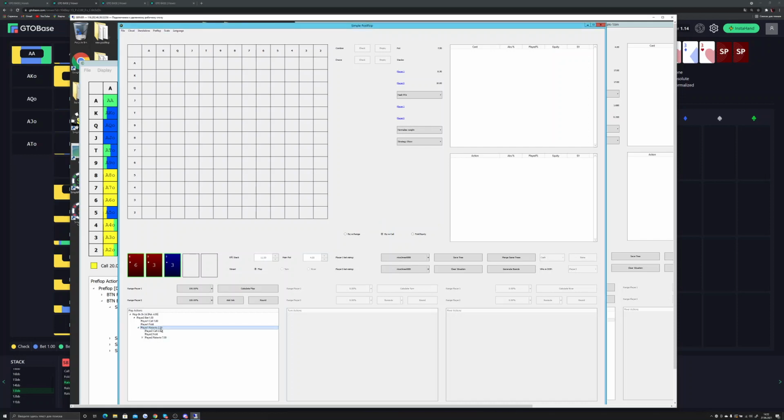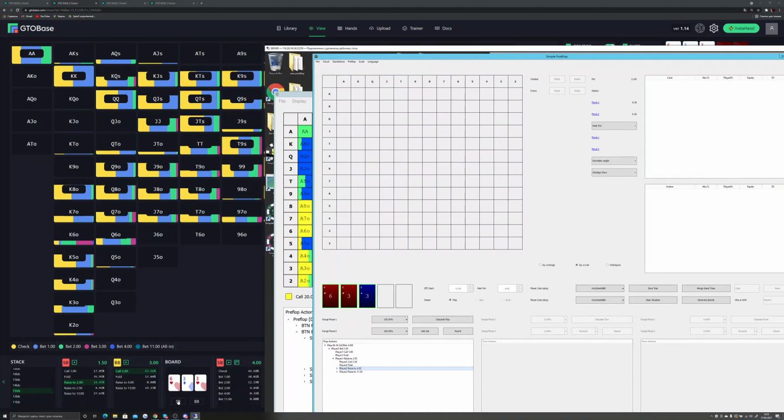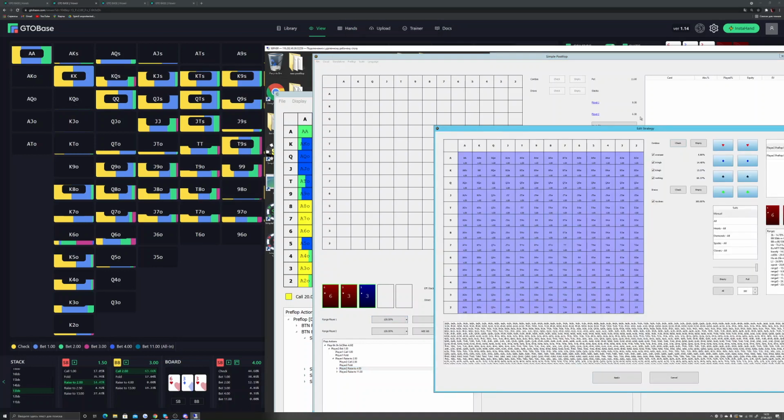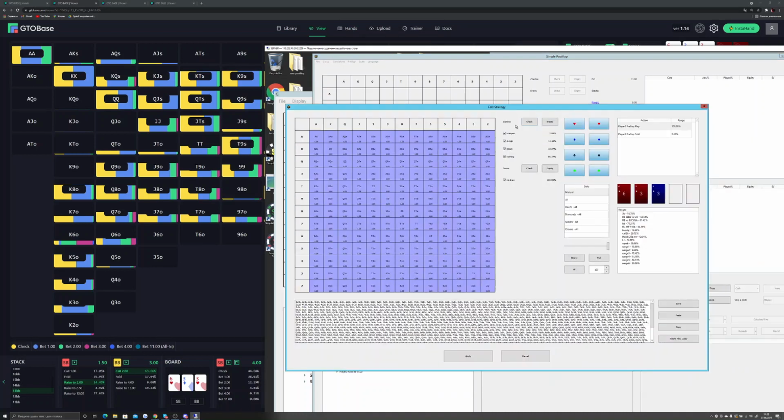And for his opponent, let's add a shoving range, of course, and a really small raise, and a mean raise, a little bigger. And now we copy ranges from the flop here. Small blind range first, we paste it right over here.